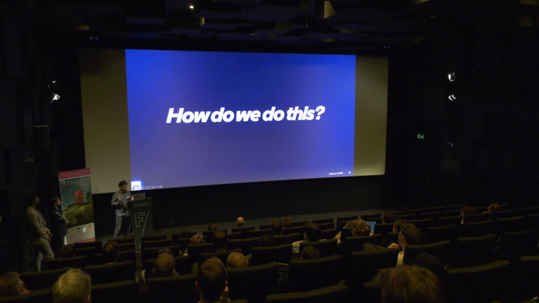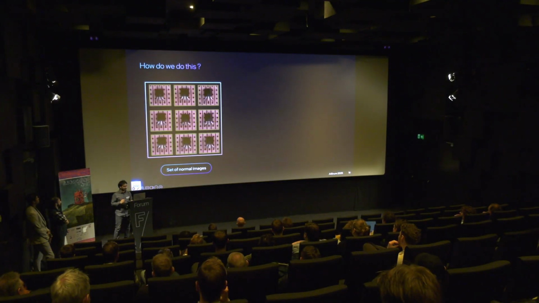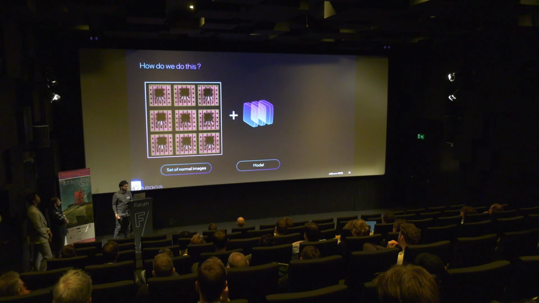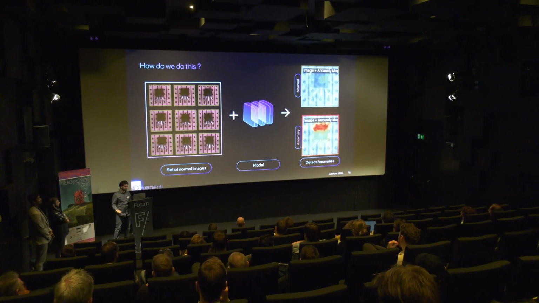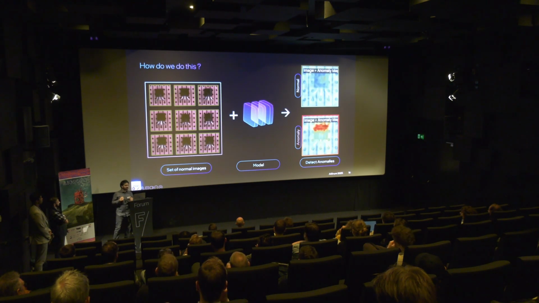And how do we do this? How do we go from a set of normal images and a model to being able to detect anomalies, to differentiate between a good and a bad image, and while doing so, also show the localization, or the area where the anomaly is happening?